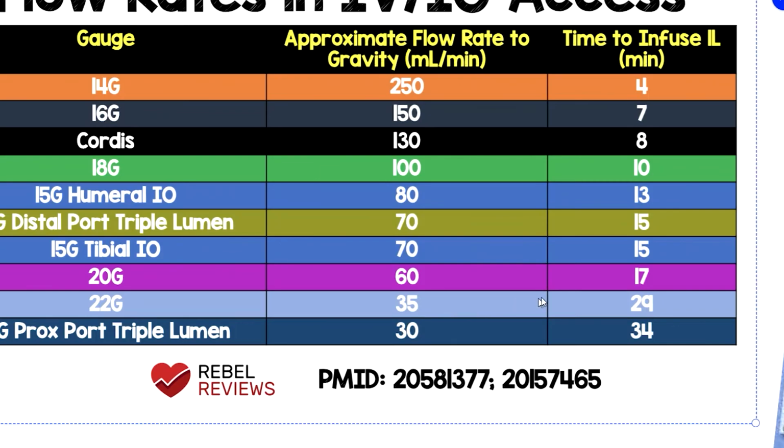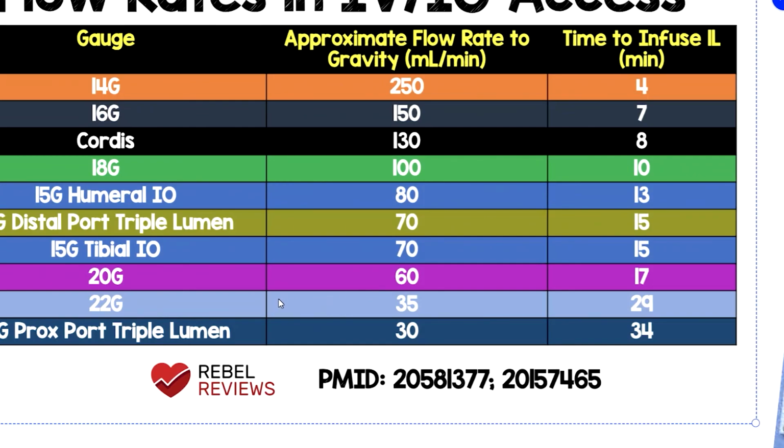So when we're looking at IV catheter size, we can think about age groups. Think about your infants. A fluid bolus there might be 20 milliliters, depending on size. And so if you're looking at the 20 milliliters, the 22 gauge would be fine for that. Or a 24 gauge would be fine for that.